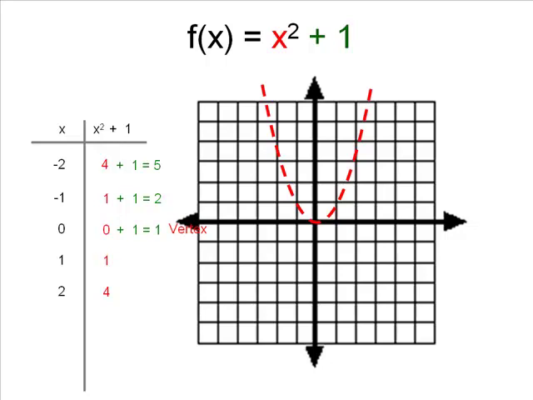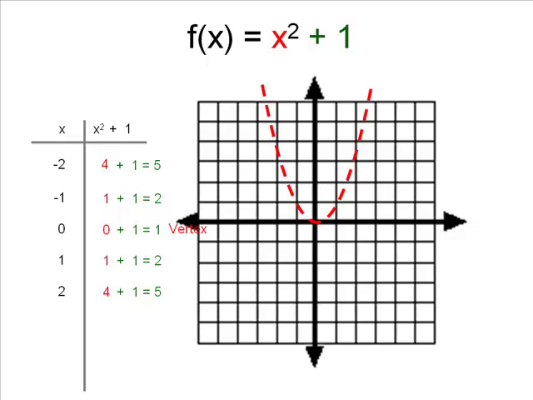We add 1 to 0, we get 1. We add 1 to 1, we get 2. And we add 1 to 4, and we get 5. We're adding 1 to these x squared terms of 4, 1, 0, 1, 4. They will make our new ordered pairs, and this is going to cause our graph to be shifted up 1 unit.